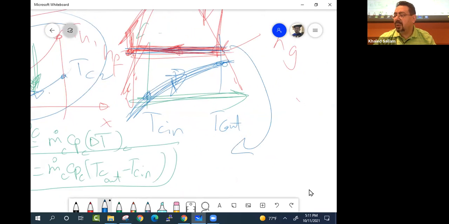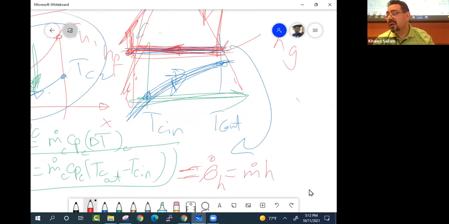Well, maybe when you are trying to calculate Q dot hot, you cannot say m dot Cp delta T, because for the steam, delta T is 0. So what do I do? I still need my Q dot hot. It's m dot times h_fg, right?